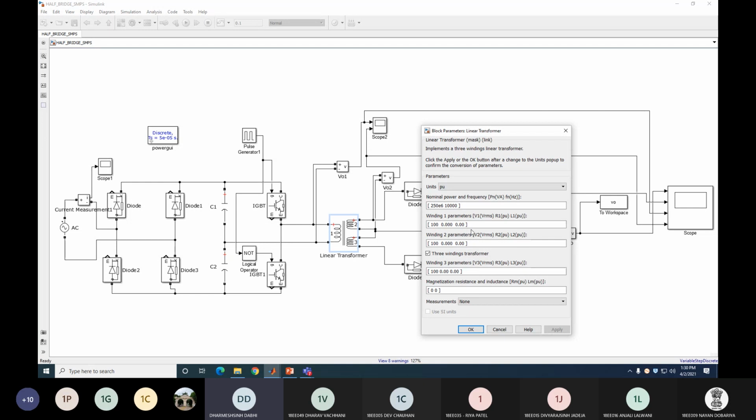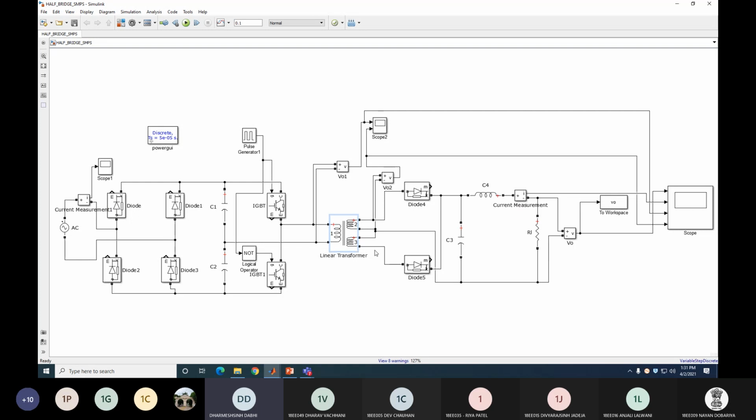And here I assume that this transformer is ideal, so resistance and inductance are 0. Whatever power is transferred from the primary side, the same I get at the load side. So assume that the transformer is lossless to get the ideal operation of this SMPS. In the same way, the magnetizing resistance and inductance are also 0. So this transformer works as an ideal transformer. These changes you must do when you select this linear transformer block.